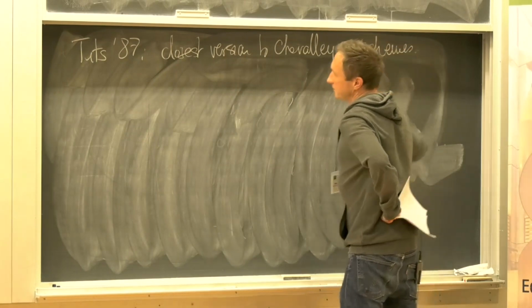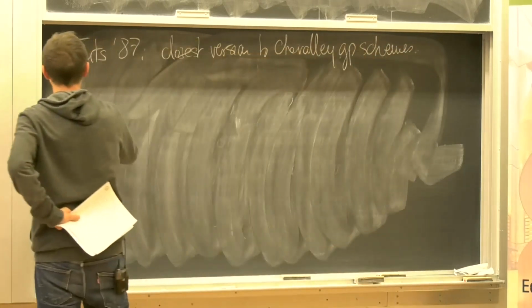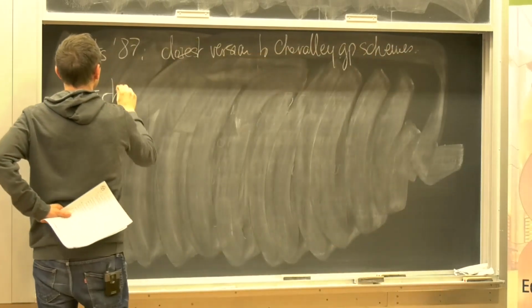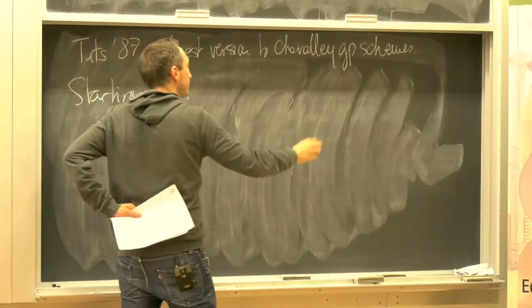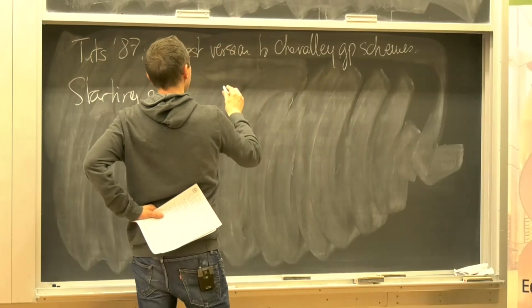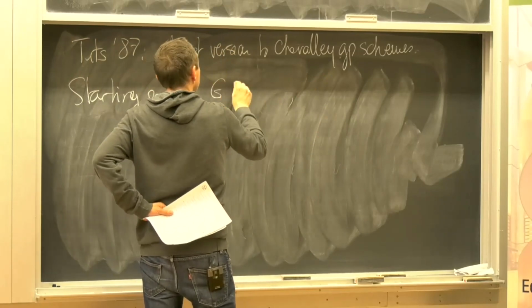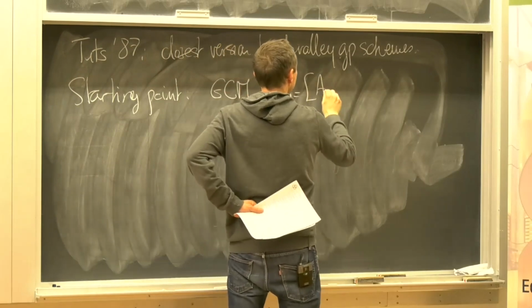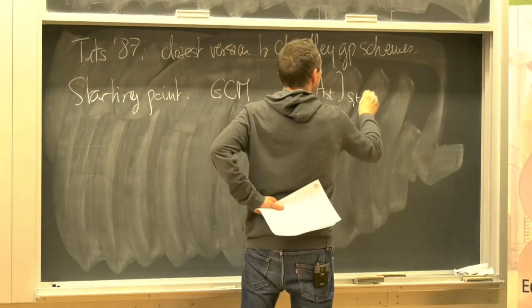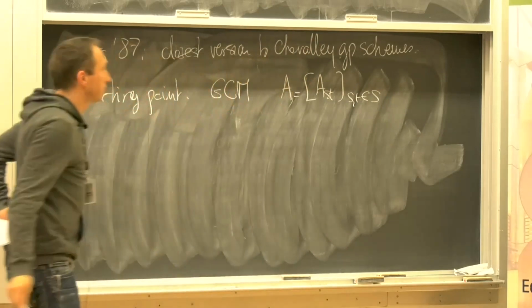Which goes as follows. The starting point is, as for Chevalley group schemes, a generalized Cartan matrix, which is not enough if you want to define reductive groups, even in the classical case.